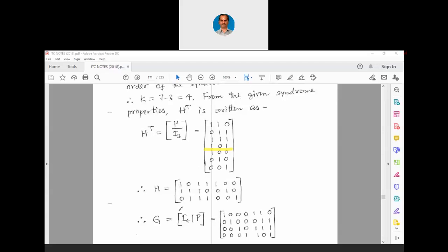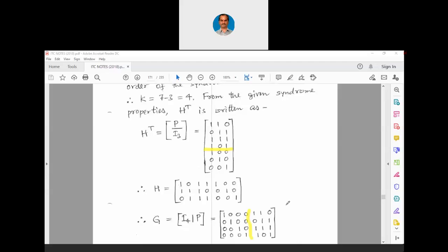The Hamming matrix contains the transpose of the parity along with the identity matrix. Now the generator matrix is the identity matrix of 4 cross 4, then the parity matrix. You can see the identity matrix is written here, and the same parity matrix 1 1 0, 0 1 1, 1 1 1, 1 0 1 is written here.